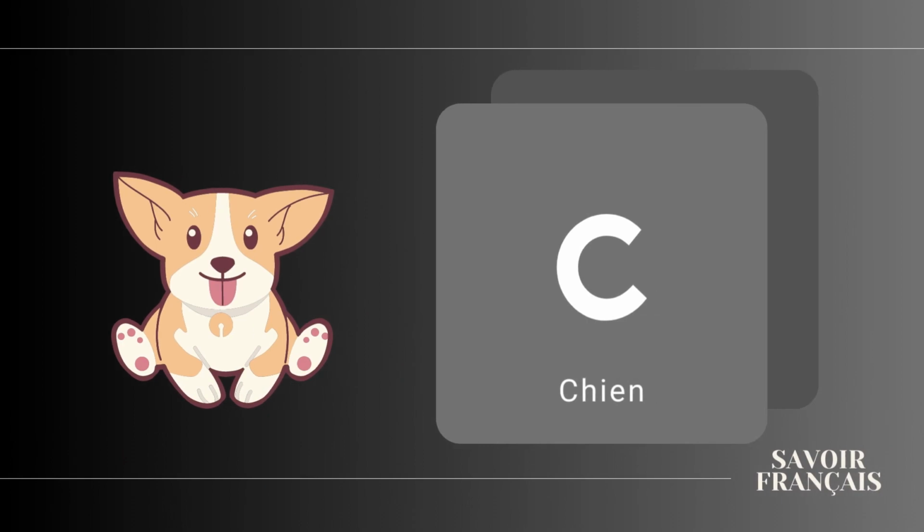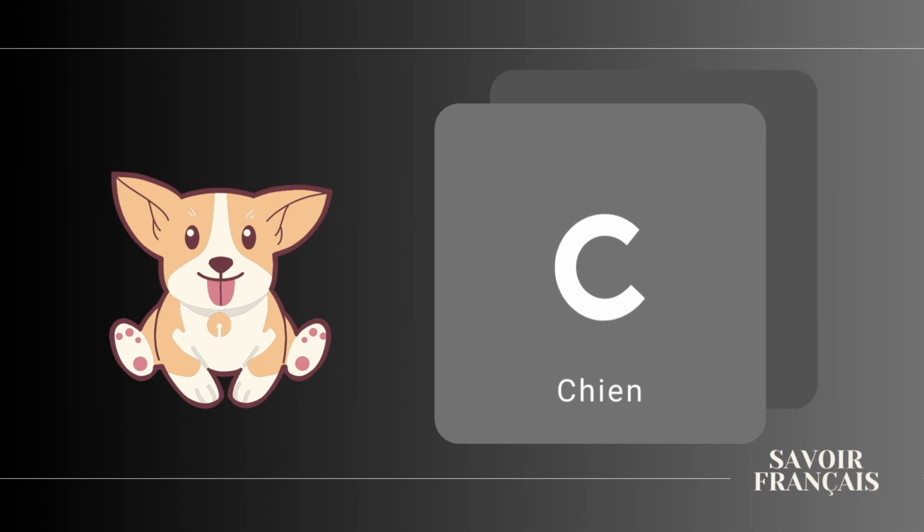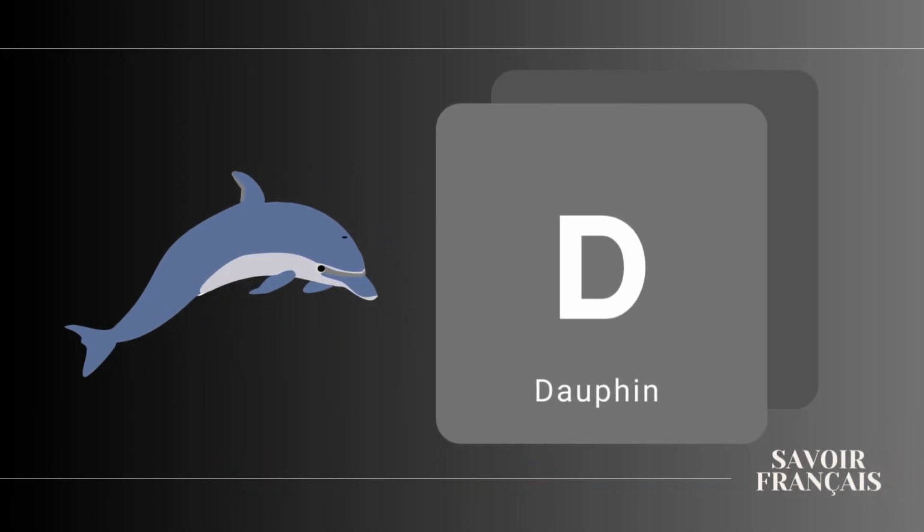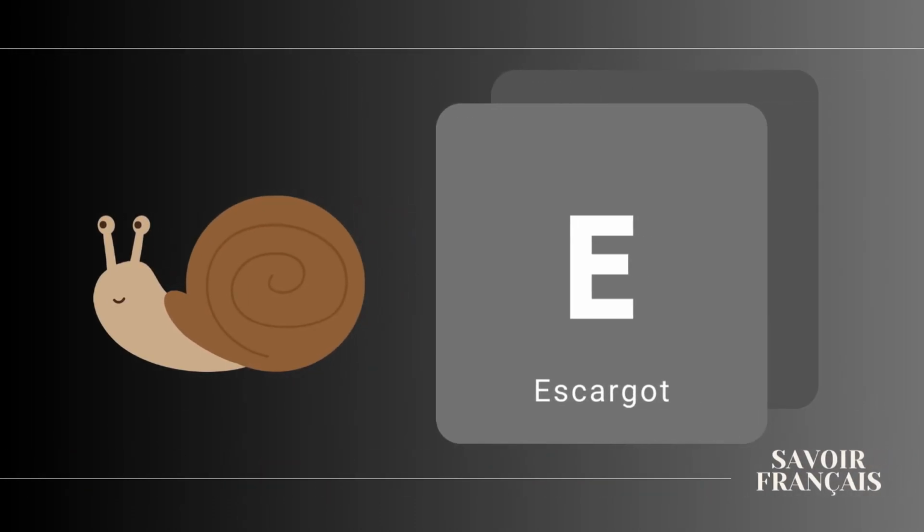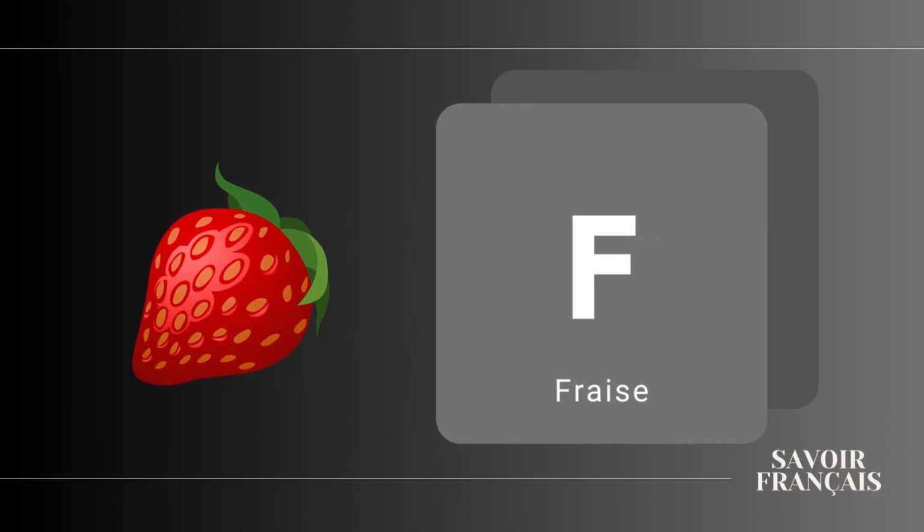C is for chien, chien. D is for dauphin, dauphin. E is for escargot, escargot. F is for fraise, fraise.